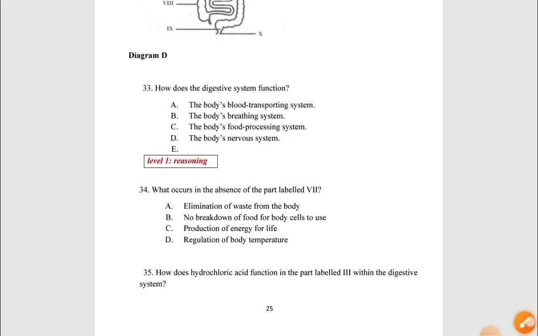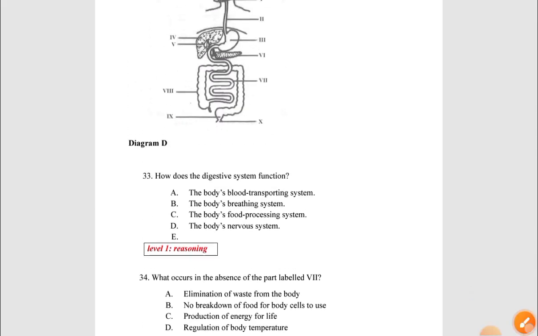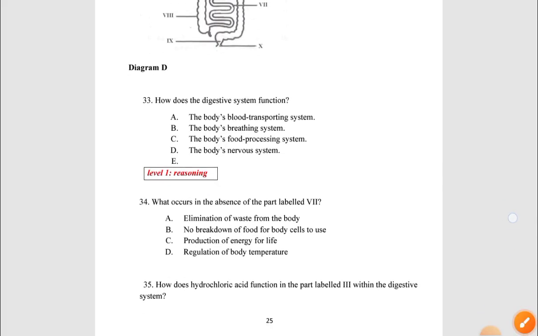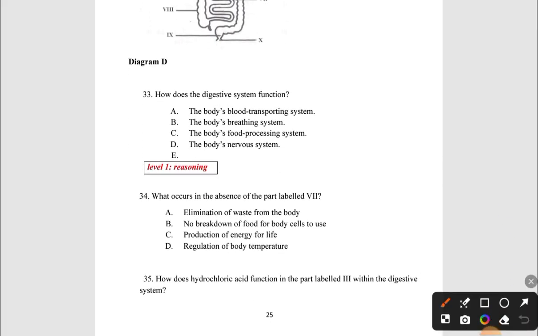Then 34. What occurs in the absence of the parts labeled vein II? Vein II is the small intestine. So when the small intestine is absent, what is going to be the consequence? A, elimination of waste from the food.